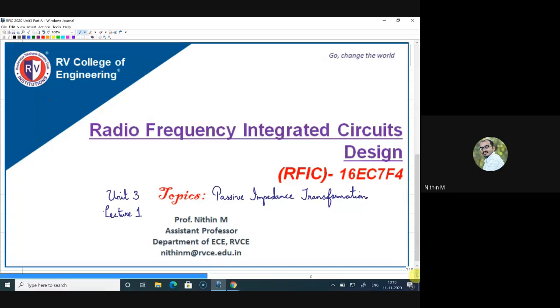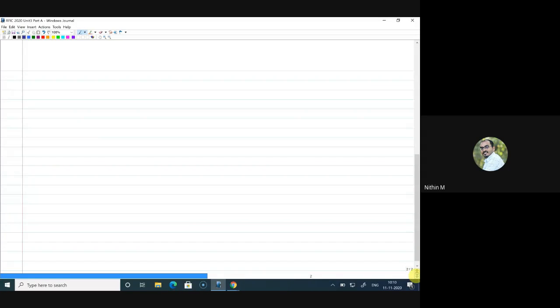So let us start with this impedance transformation technique. We will be taking the basics of what you have done in your network analysis and even in your microwave. We'll be taking the help of those things and we'll do this impedance transformation.